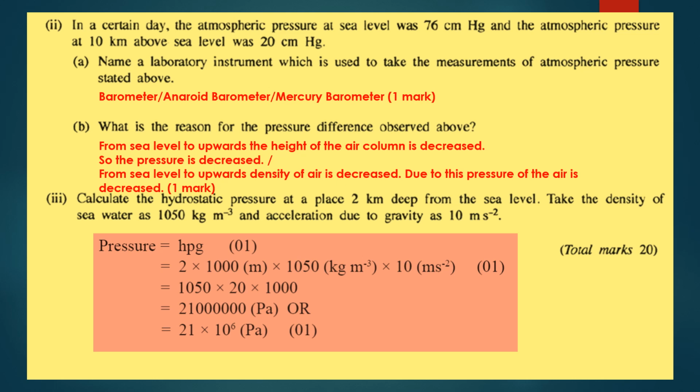So height is 2 kilometers, in meters 2 into 1000. Density 1050 kilograms per cubic meter. Gravitational acceleration 10 meters per second squared. When you simplify, you will get the answer 21 into 10 to the power 6 pascals or newtons per square meter. You can earn 3 marks for that.